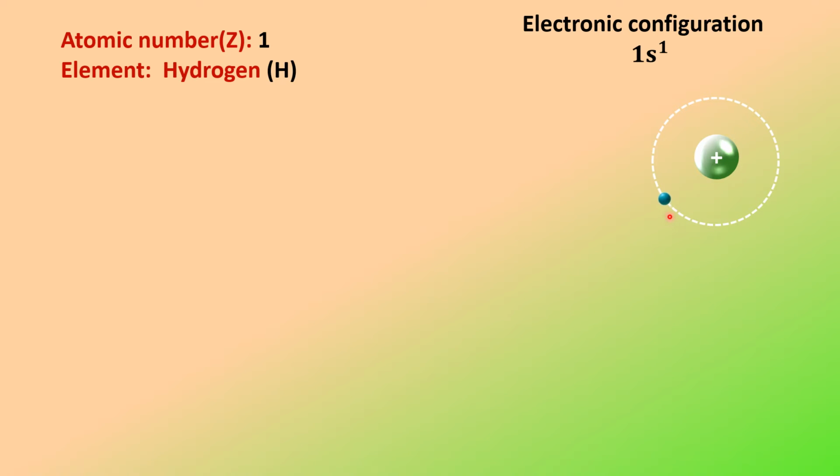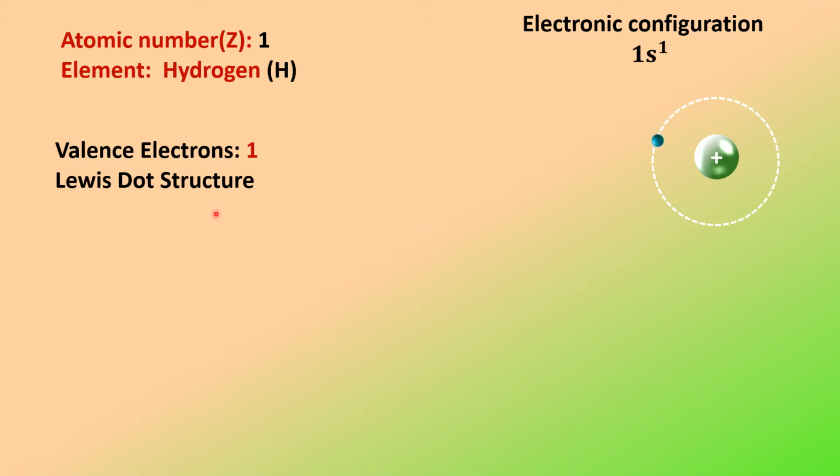In this shell it has 1 electron. This electron is called a valence electron and this shell is called a valence shell. Electrons in the outermost shell for hydrogen is 1. Now we'll write the dot structure. This is the nucleus and this is the valence electron.